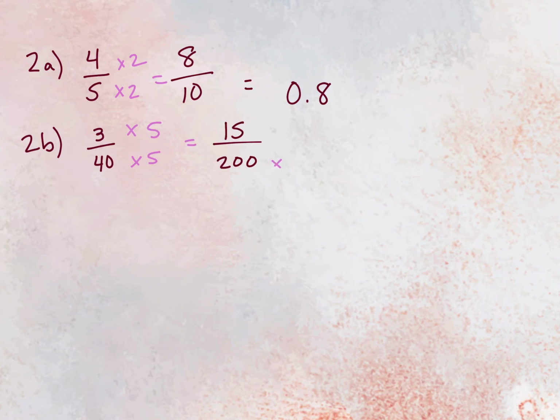And then we can multiply by 5 again. And then 200 times 5 is 1,000. And 15 times 5 would be 75. So 75 over 1,000 would be a 75 in the thousandths place. So thousandths, hundredths, tenths.